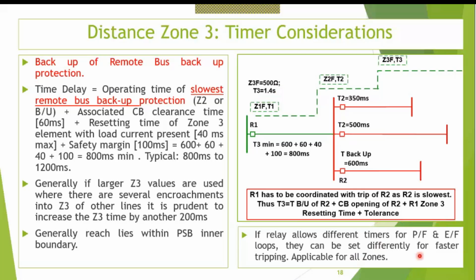So somebody might think, okay, we won't keep it that long, let me trip at least for earth faults a bit faster, or maybe for phase faults. Typically for impedance grounded systems, I might have a delayed earth fault operation than phase. Then we might use different timers. Normally not used, at least in my life I have not used it.